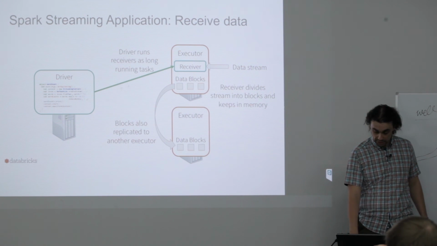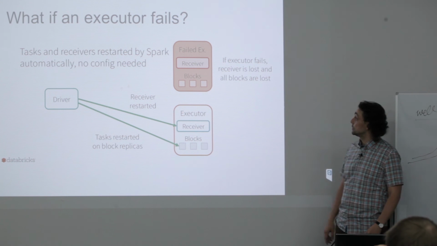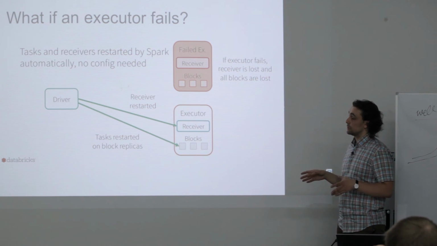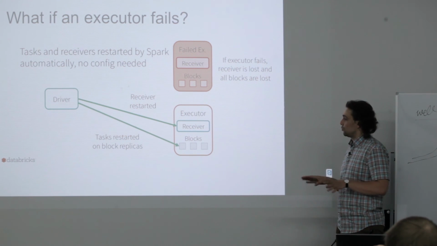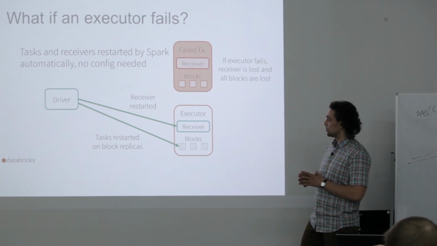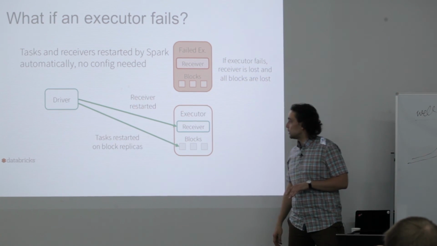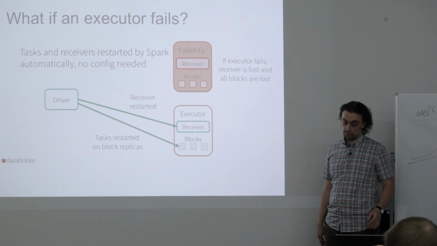So, for example, if one of the nodes executing the information fails, the driver automatically, without any work or configuration from you, will switch to another executor and the process will not stop.